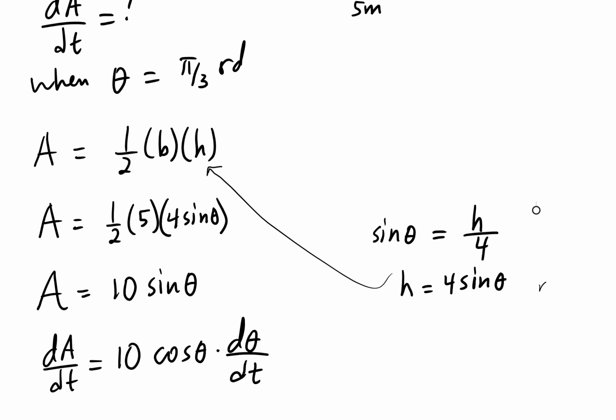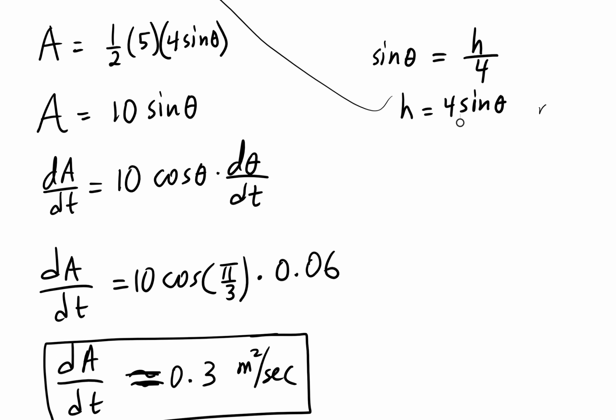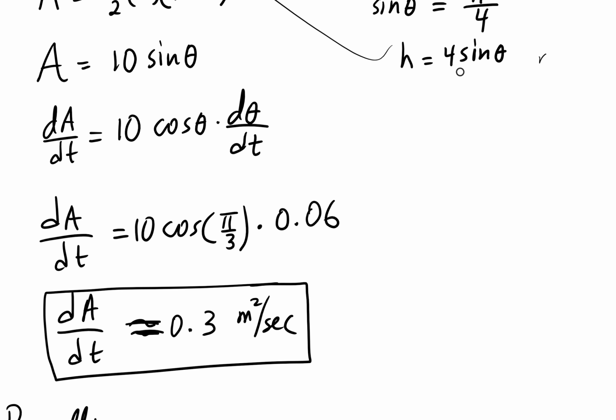They give us d theta/dt. We can just substitute them in and solve. When you put that in the calculator, make sure the mode is in radians. You get 0.3 meters squared per second, because time is in seconds and the area is in meters squared.